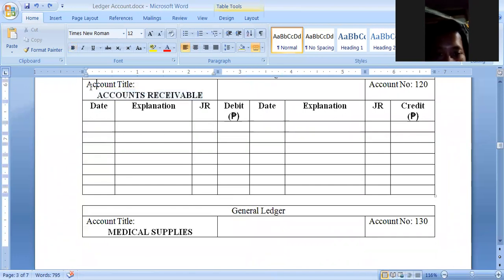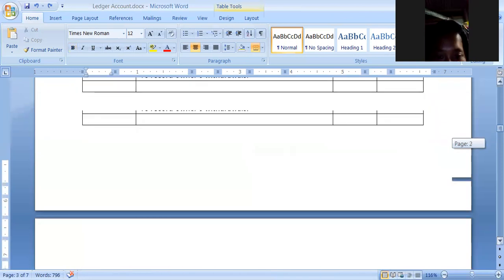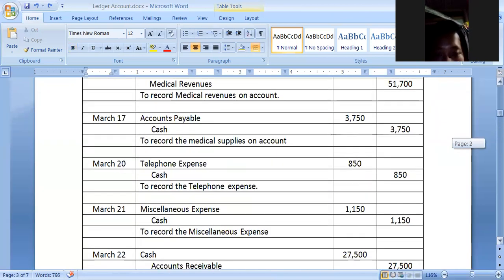So account title, accounts receivable, account number, date, March 15. Let's go back to journal entry.